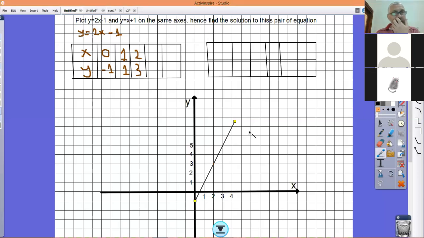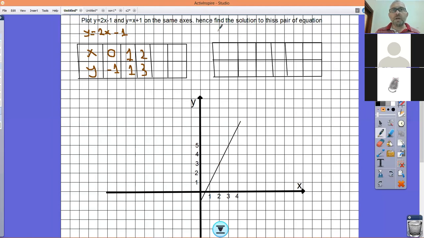Now let's find the second line. The second line will be y equals x plus 1. Here we are going to put x and here we are going to put y.